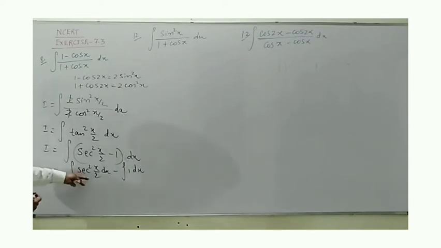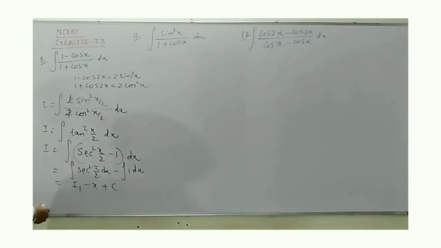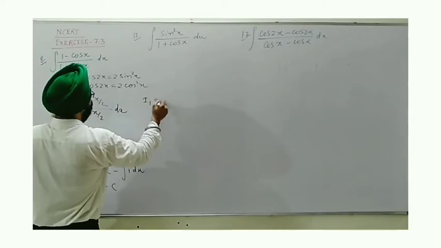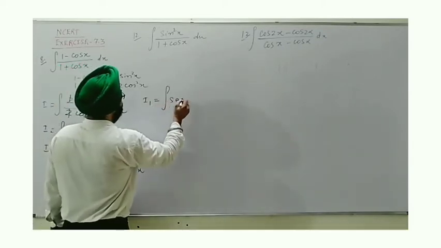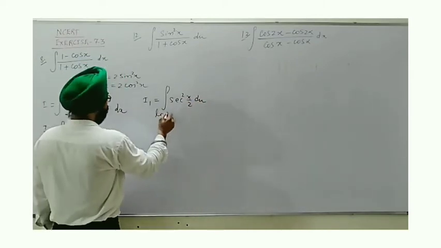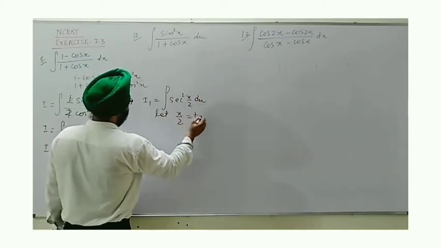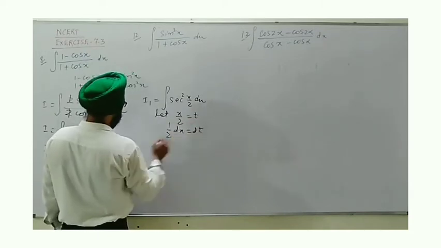Now, for the first term we have x by 2, so you can take it as I1 and solve separately by substitution. The other can be written as minus x plus c. Now, to solve the first term I1, we write sec square x by 2 dx, and for substitution we take x by 2 as t, so we say it is half dx equals dt.